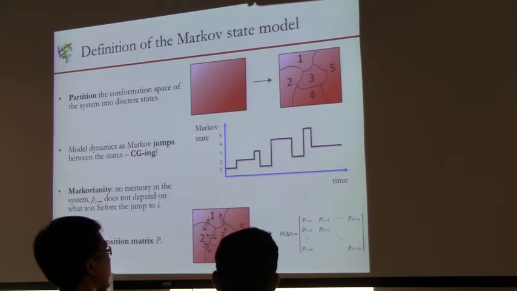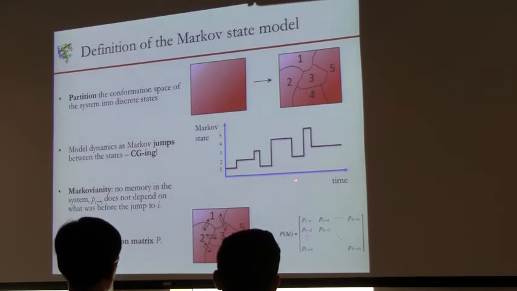Then the dynamics of the system can be represented as a series of jumps between different states. So we start with 3n continuous degrees of freedom as functions of time, and we end up with only one discrete function of time. That is evidently coarse graining, because we are decreasing the number of degrees of freedom, and also we usually use discrete time steps, and the time step in a Markov State Model is usually much greater than the time step in the MD integrator.